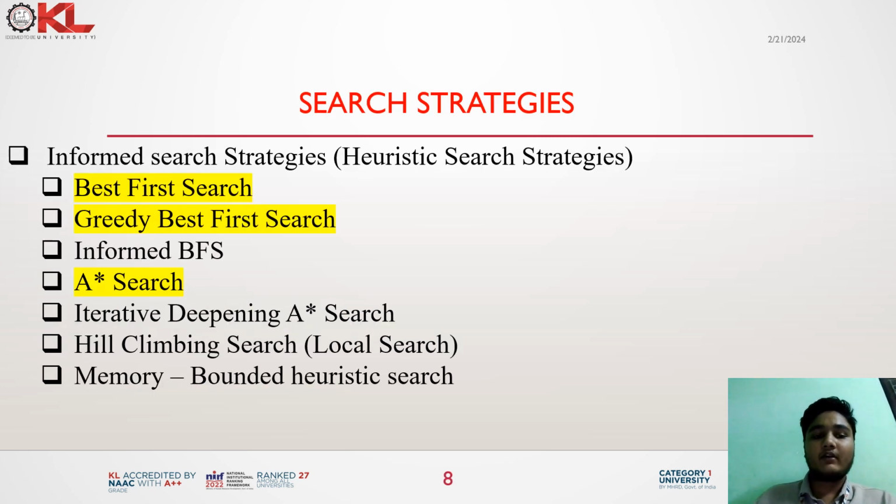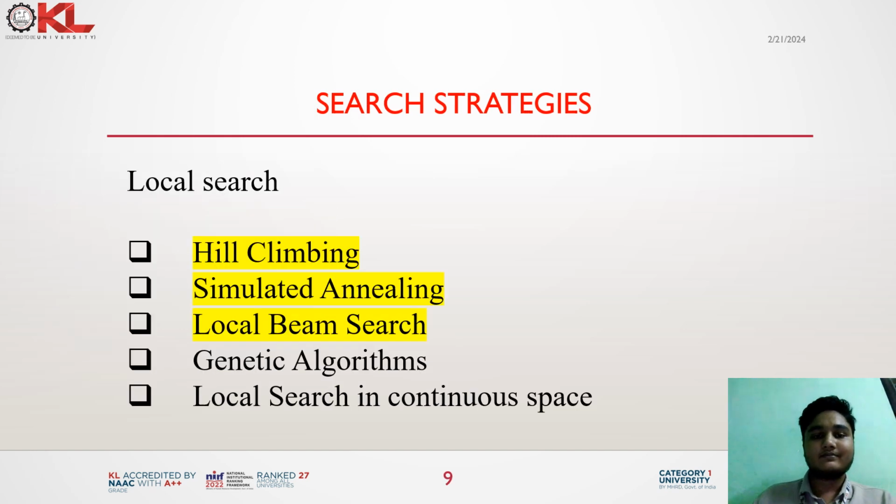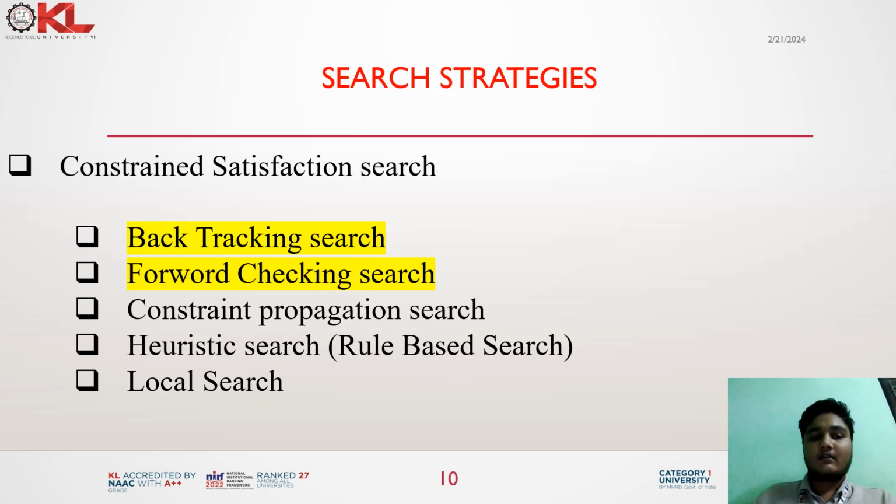In informed, we have the hill climbing algorithm. This is a local search algorithm, and local search includes hill climbing among the search strategies. Then constraint satisfaction search, which uses backtracking search and forward checking search.